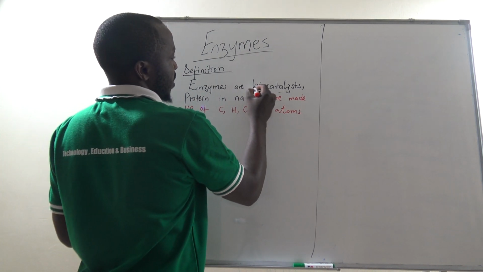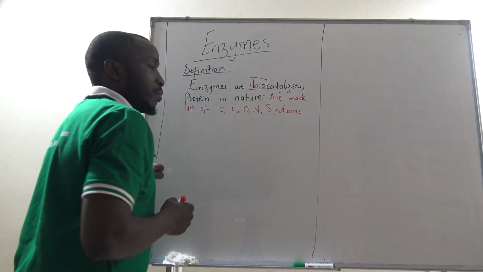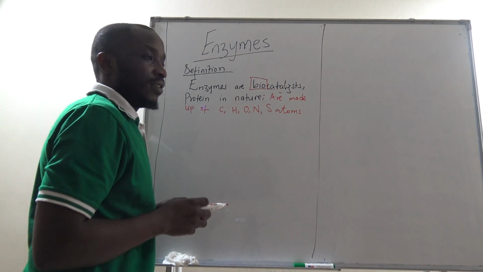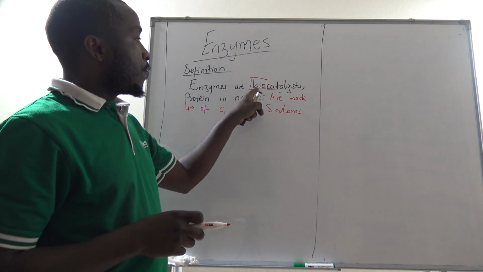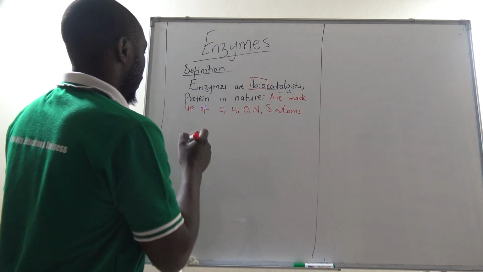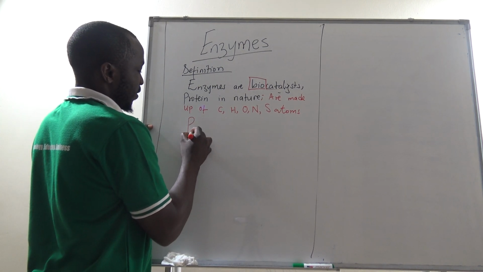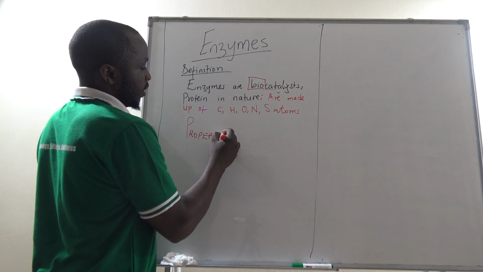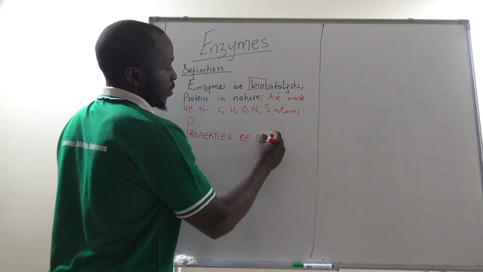This means a lot. Bio, which we already discussed, means life, and they are catalysts, meaning they do a lot in life processes. So let's go further and say properties of enzymes.